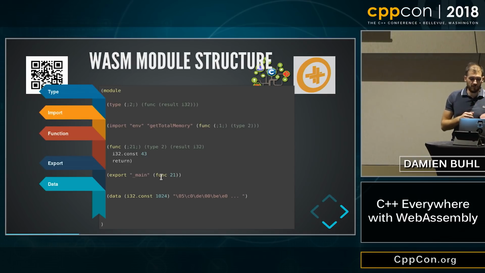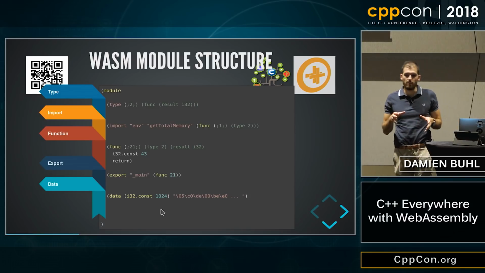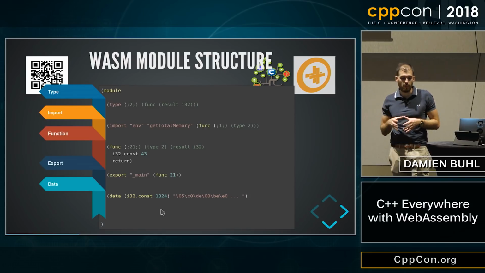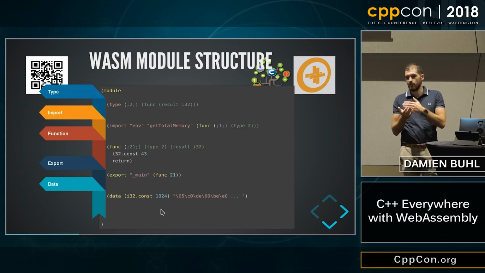And at the end of the file, and this is important to note, you have the data segment. You have the static data segment that you perhaps know from BSS or so from other file formats. It's at the end of the file because when you download a WebAssembly file in a browser, or by an application running it, it will already start compiling the instructions before the data arrives.